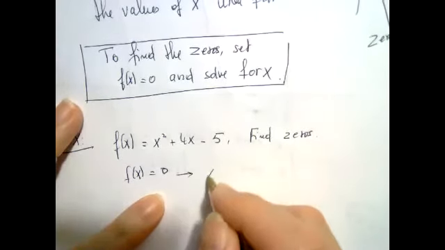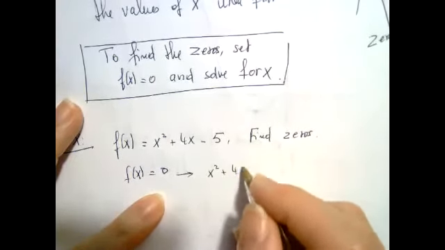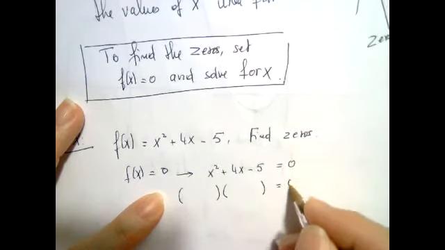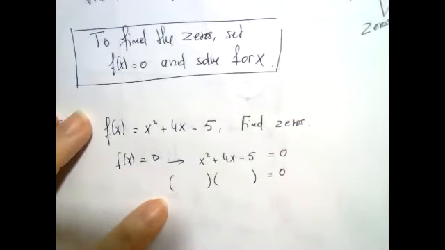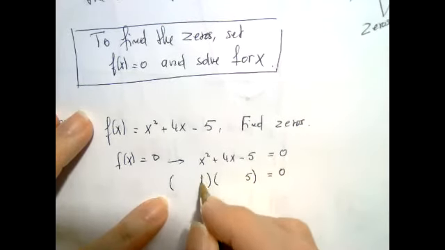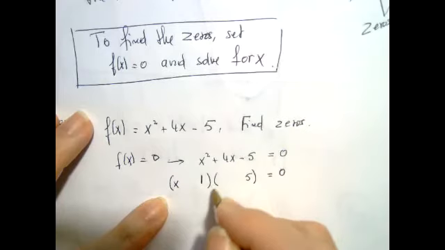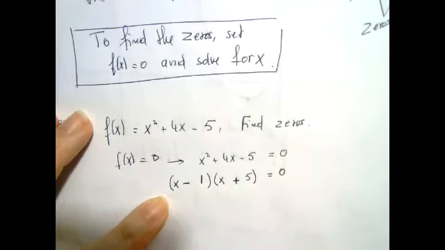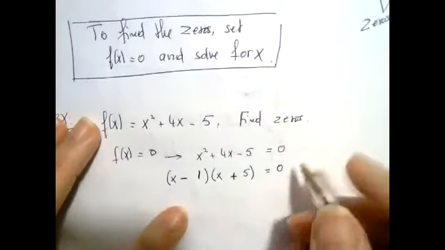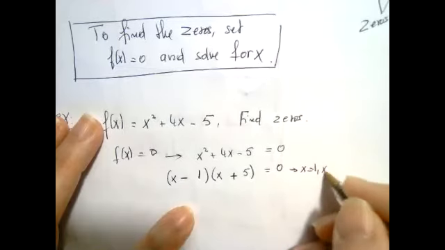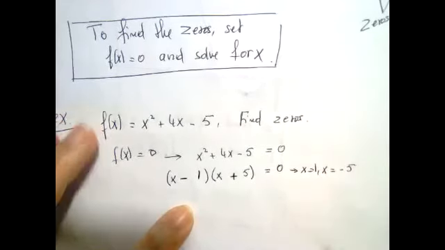So this will tell me x squared plus 4x minus 5 equals 0. We're going to try to factor. This is 5 and 1, and then x and x, and that must be a plus, and that's a minus. So the zeros here are x equal 1 and x equal minus 5.